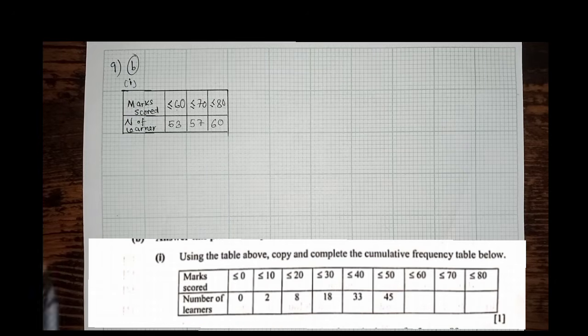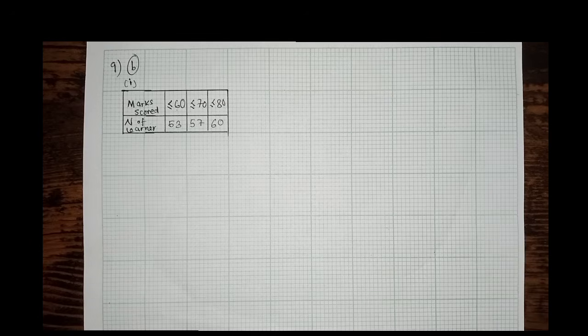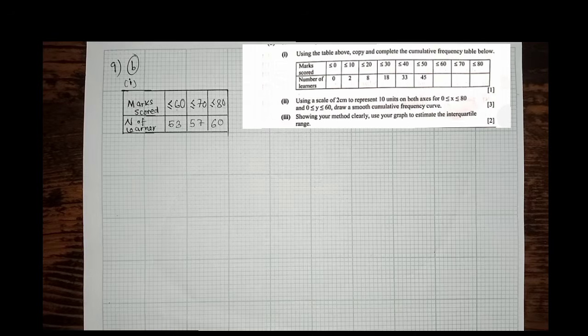Okay, so now we go to question 2. For question 2, they are saying, using a scale of 2 centimeters to represent 10 units on both axes, for 0 ≤ x ≤ 80 and 0 ≤ y ≤ 60, draw a smooth cumulative frequency curve.